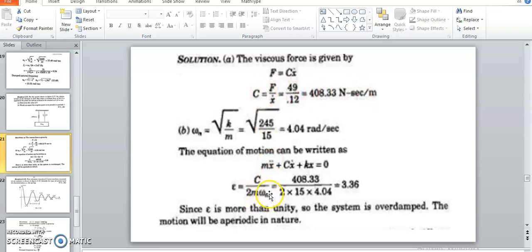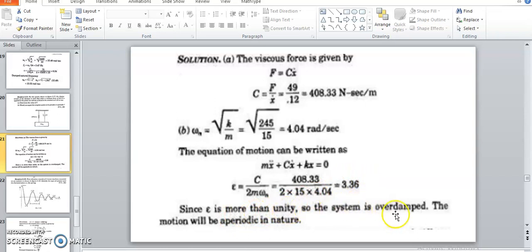The unknown is omega n, the natural frequency. This natural frequency omega n is the square root of k by m. The k value is given, the m value is given, so we can find omega n. Now put this omega n in here, and you will get zeta equal to 3.36, which is greater than 1.